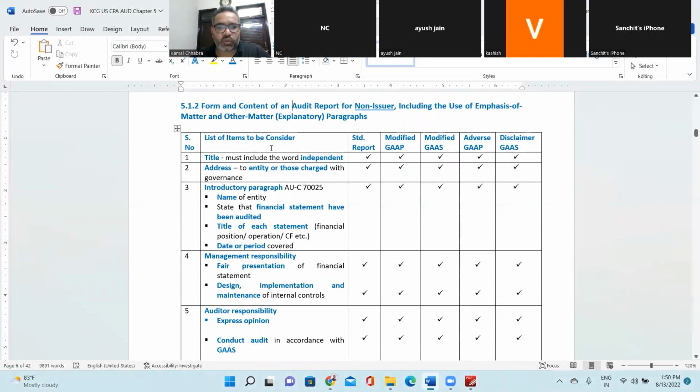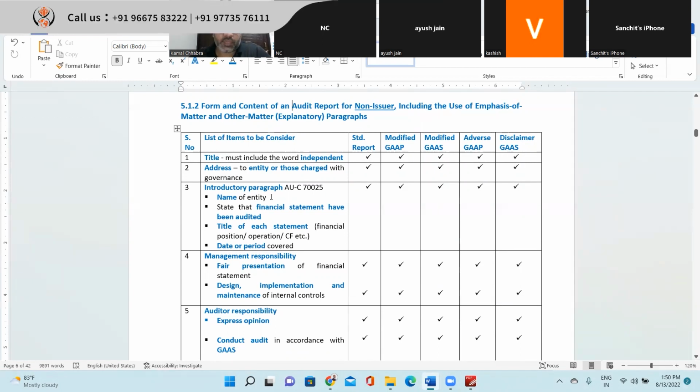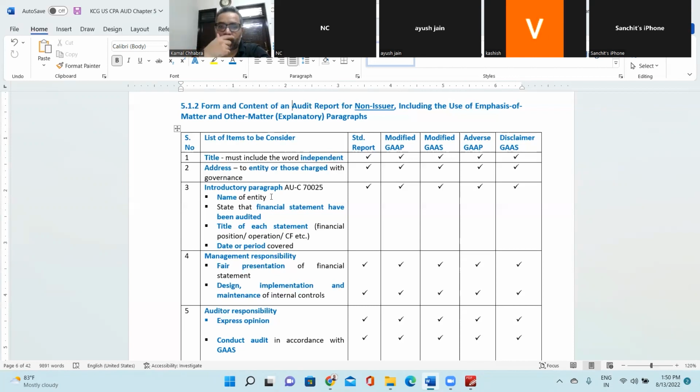For multiple choice questions, you need to understand which paragraph probably comes before what and after what, and what needs to be considered in the respective paragraph. And for the task-based simulation, they will give you the report with fill in the blanks, where you need to select the right statements from the available options.